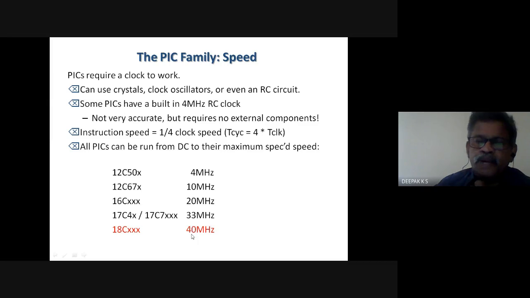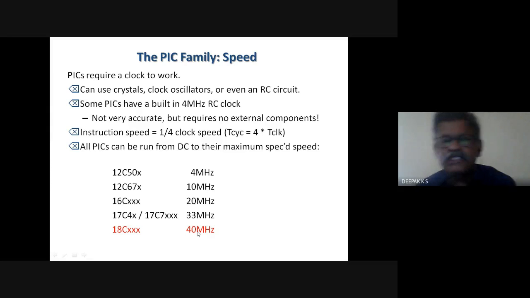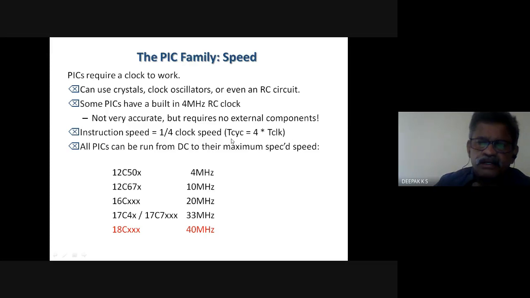So with a 40 megahertz clock, you can have a 10 megahertz speed of instruction. Each instruction on the average would take 4 clocks. That is the meaning of this. 4 clock cycles are needed on the average to execute an instruction. So the instruction speed will be 1/4 of the clock speed. It should be 10 megahertz, or 10 into 10 raised to 6. Okay. So that is the instruction and clock speed relation, and this is the clock speed for the PIC18 family.